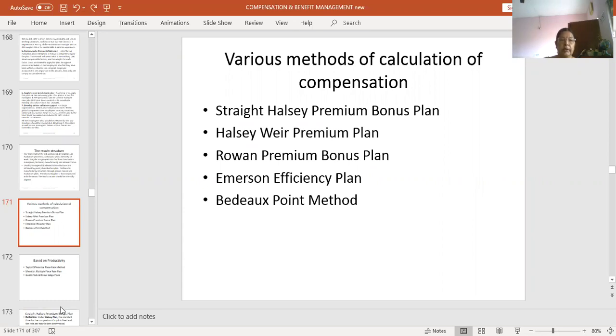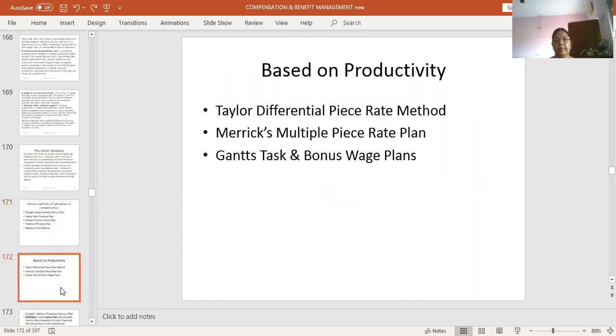These are the various methods used to calculate the pay or compensation based on productivity of jobs, like manufacturing jobs, where productivity is seen. Based on productivity, you have to decide wages. For manufacturing jobs, you use the Taylor differential piece rate method, Merrick's multiple piece rate plan, Gann's task and bonus plans.